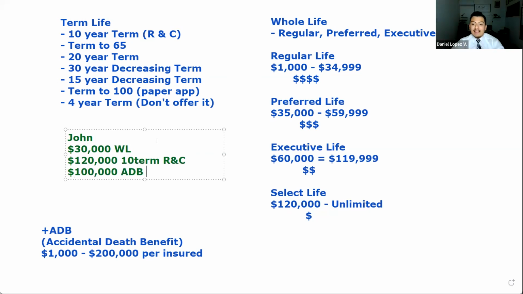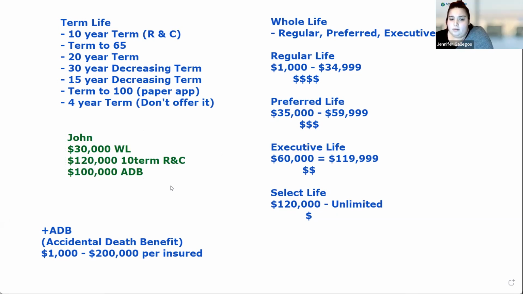Let's see, Jennifer, if John passes away due to a sickness, he died from COVID, how much is his beneficiary getting total? $150. Correct, 150.